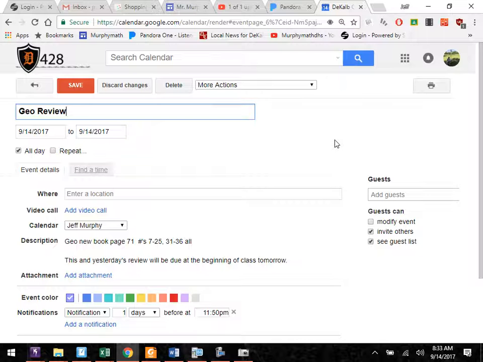Add them to the problems you've already done, and I'll collect both of those assignments tomorrow. These review problems are out of the new textbook, and they're basically mirroring the exact same ones you did yesterday. So over the past couple of days we've done a boatload of extra problems that you've all seen, and none of it has changed. Remember, when it says new geometry book, that means the one that you go through Pearson.